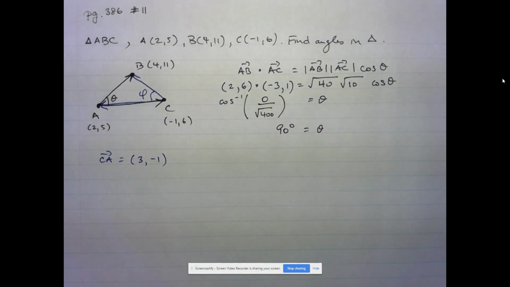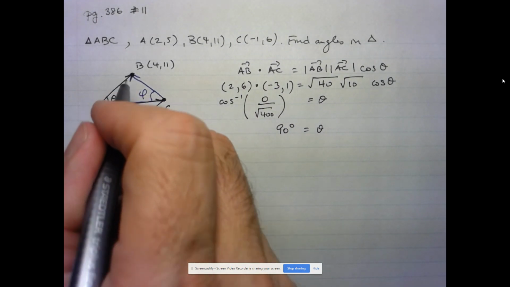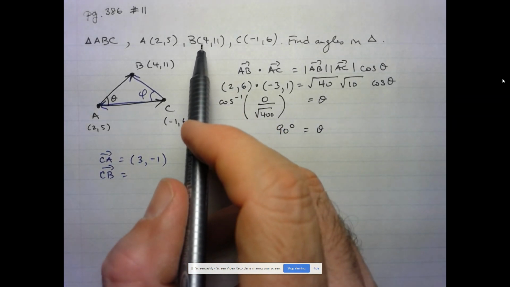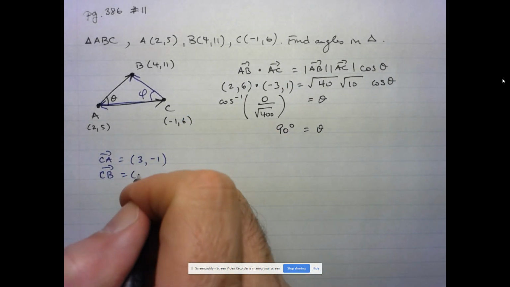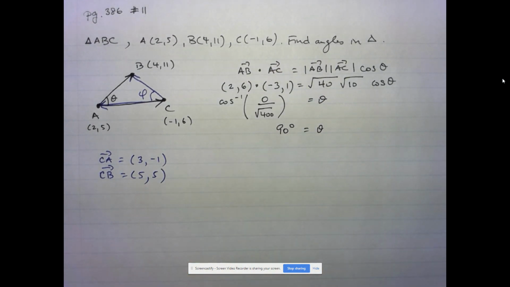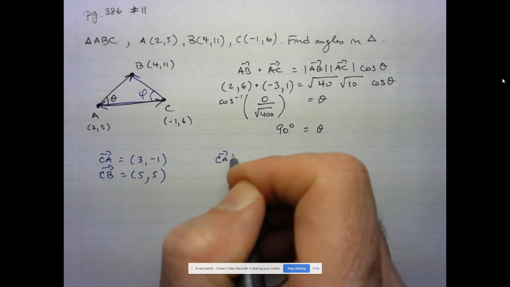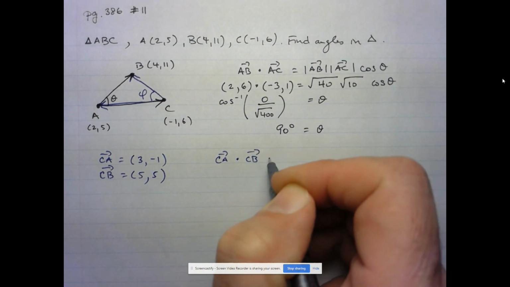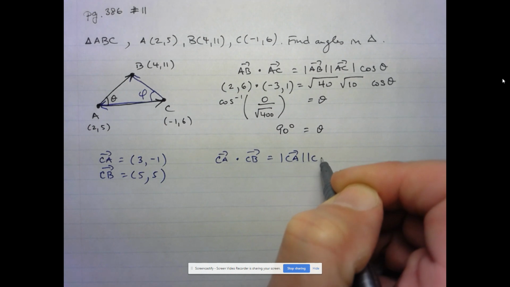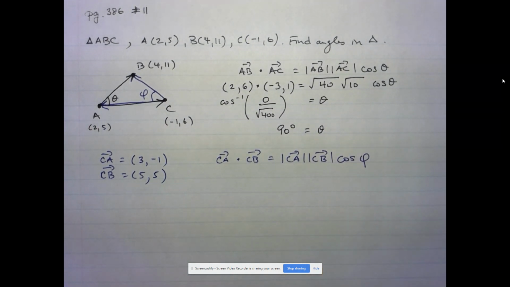The vector CB is going to be equal to 4 minus negative 1, so 4 plus 1 is 5, and then 11 minus 6 is also 5. Now I'm going to repeat the process. I take CA dot CB, and that's the magnitude of CA times the magnitude of CB times cosine of the angle between them, which I called phi.